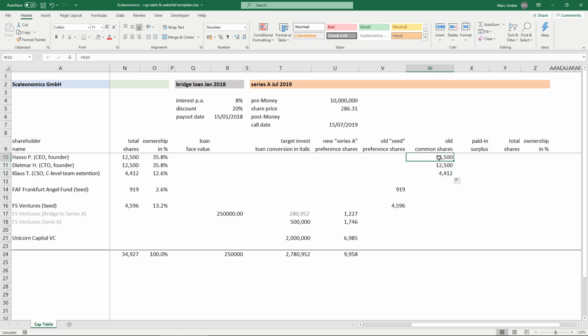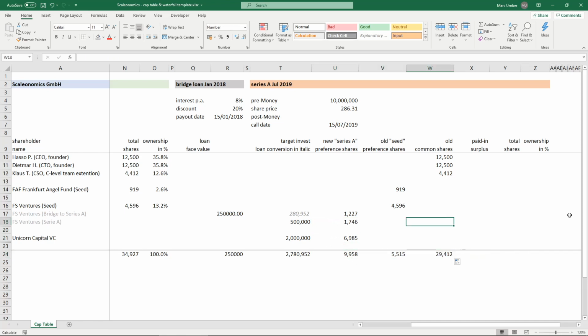Okay, Hasso Dietmar, Klaus, here we have Fritz Müller, Frankfurt School seed shares, Frankfurt School conversion A shares, Frankfurt School Fresh Money A shares, Unicorn Capital Fresh Money A shares.